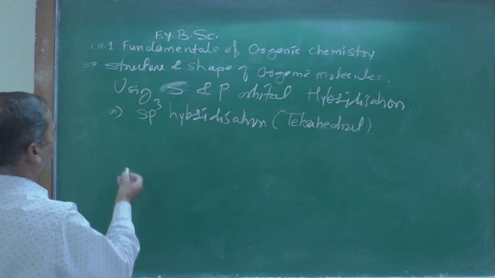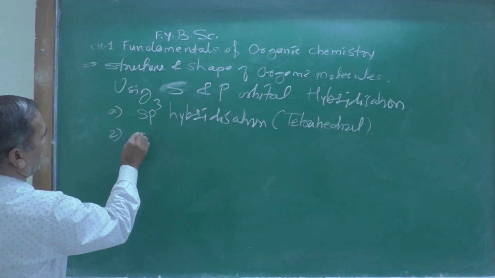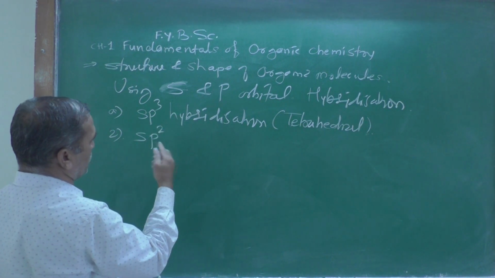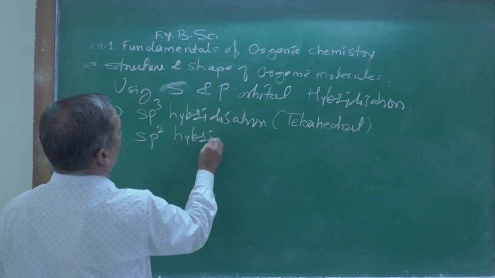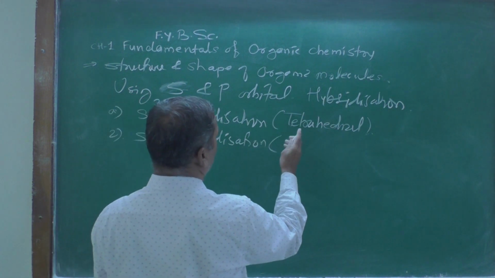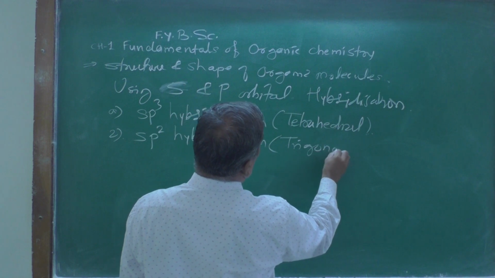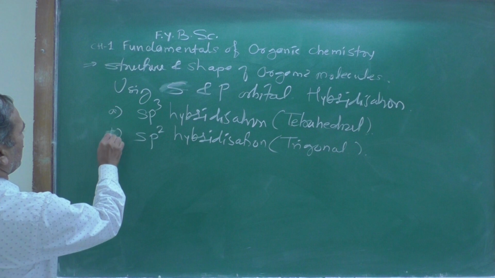The second possibility is the mixing of one s orbital and two p orbitals, known as sp2 hybridization, which gives trigonal planar geometry.